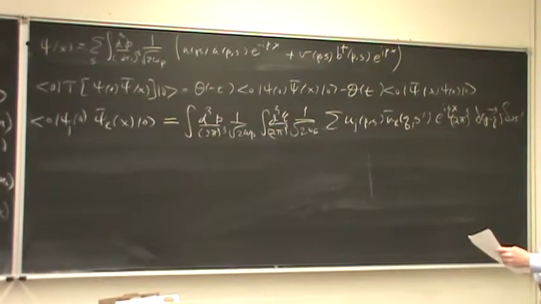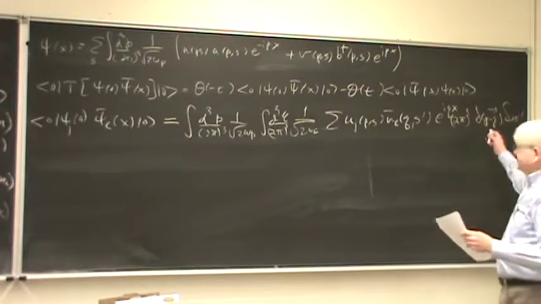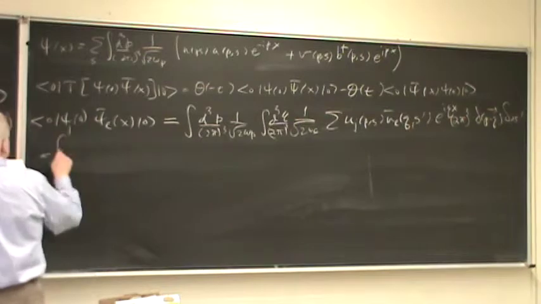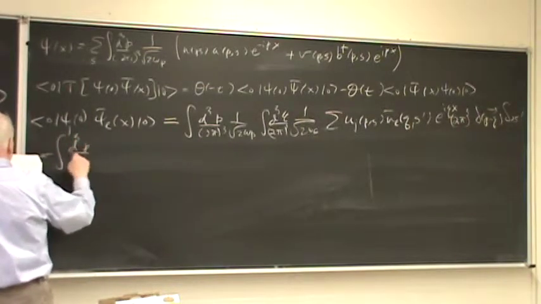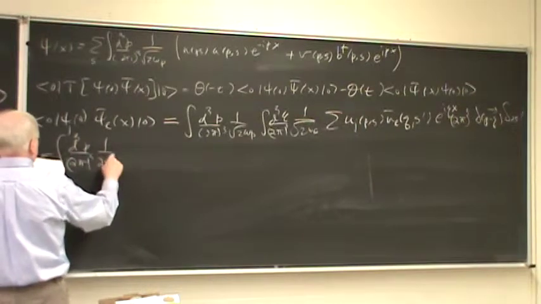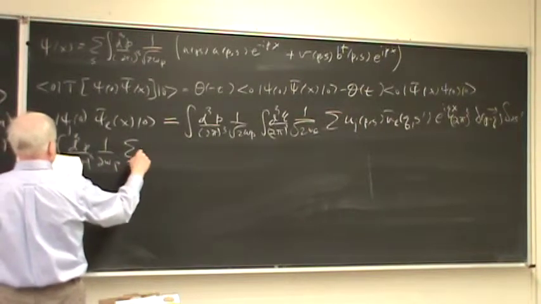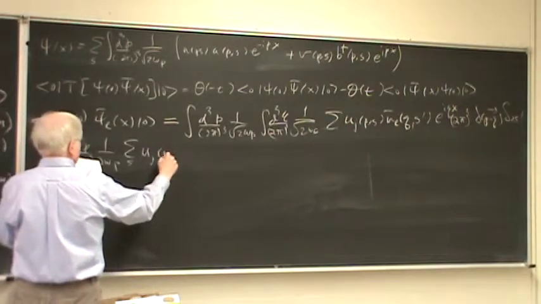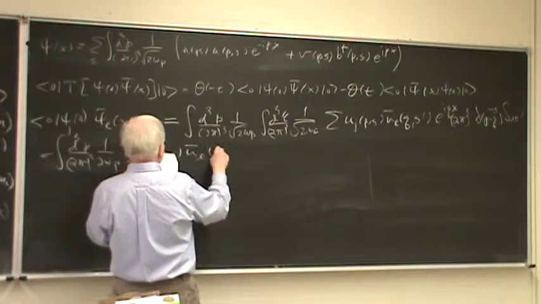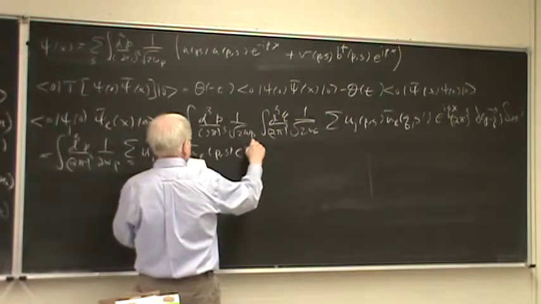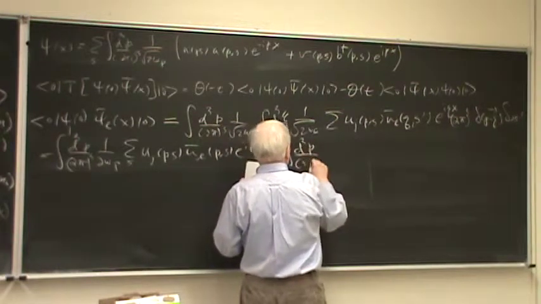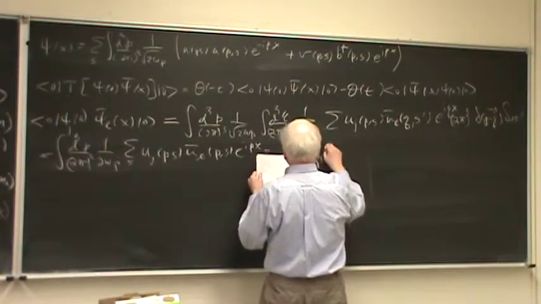And now the delta function obviously helps us out, and then what we have is integral d cubed p over 2 pi cubed, 1 over 2 omega p, and then a sum on spins uj of p and s, u bar L of p and s, e to the I px.